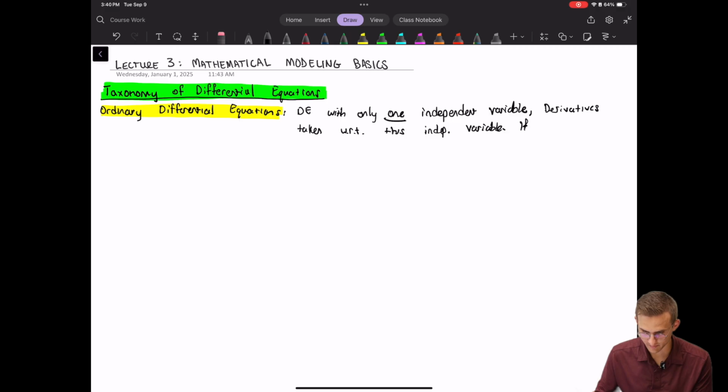If you have multiple dependent variables, so notice I'm saying dependent variables, so multiple quantities that depend on that one independent variable, you end up with a system of coupled ODEs.